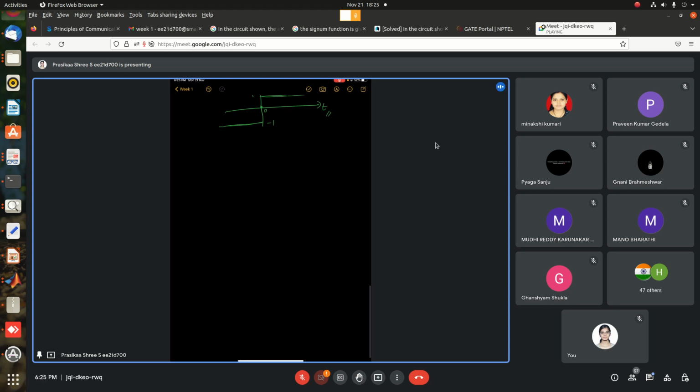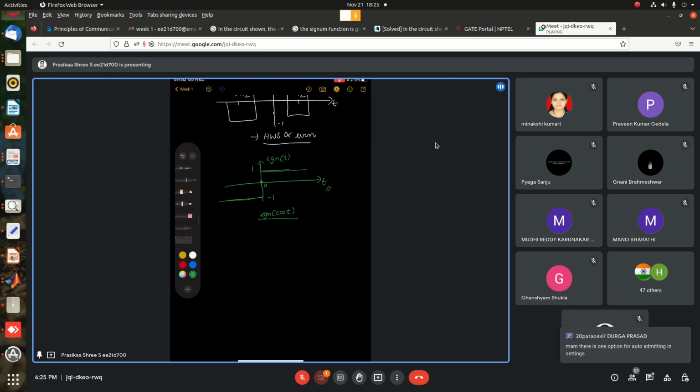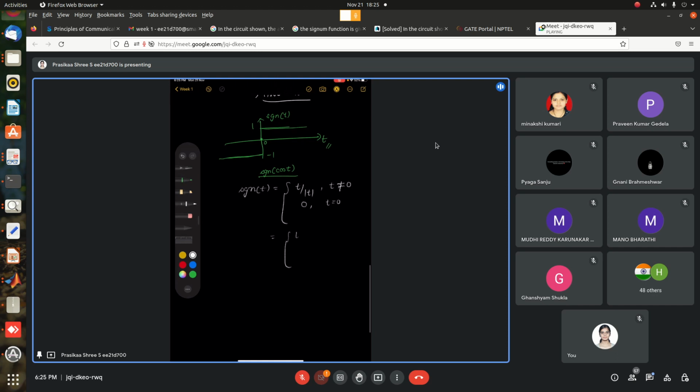Alright. So now our aim is to draw the graph for signum of cos t. In the formula, signum of t is equal to t by mod t when t is not equal to 0, and 0 when t equals 0, which means t by t when t is greater than 0, and t by minus t when t is less than 0.